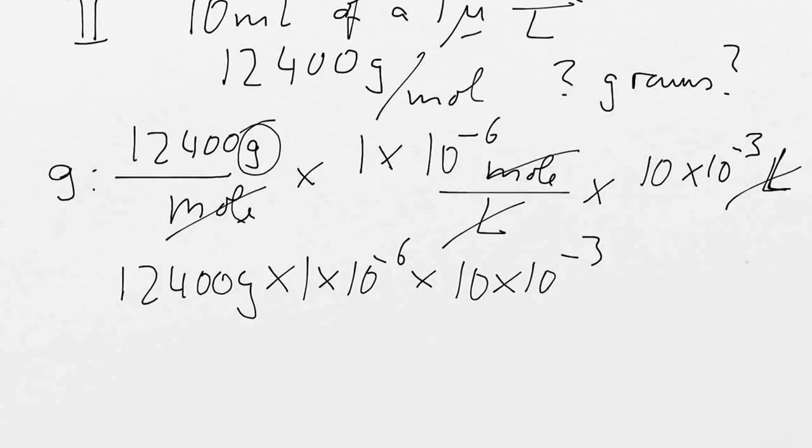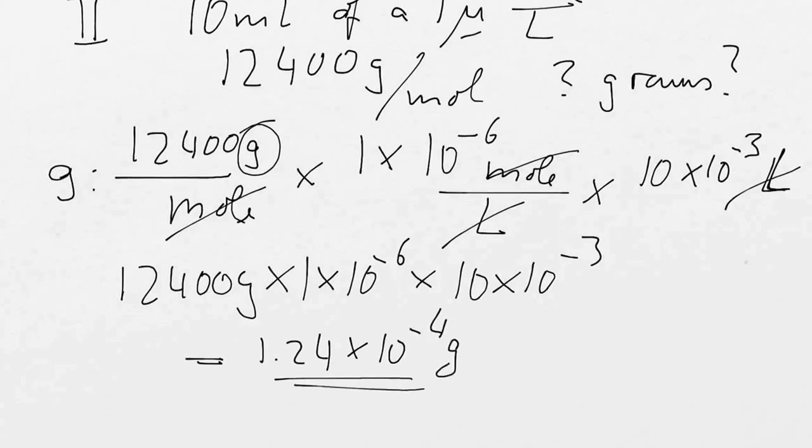I just hack that into my calculator, and I get 1.24 times 10 to the minus 4 gram. Which is exactly the result that I got with the other method. But this one here is much quicker. Does that make sense?